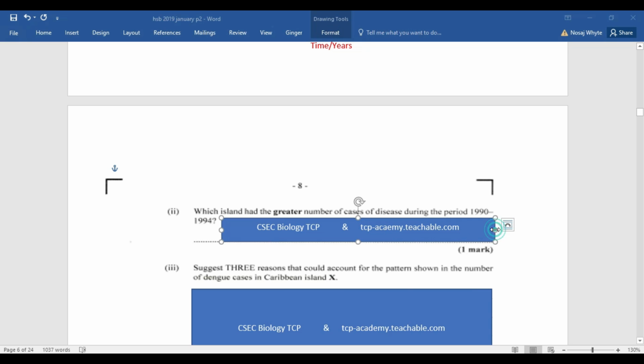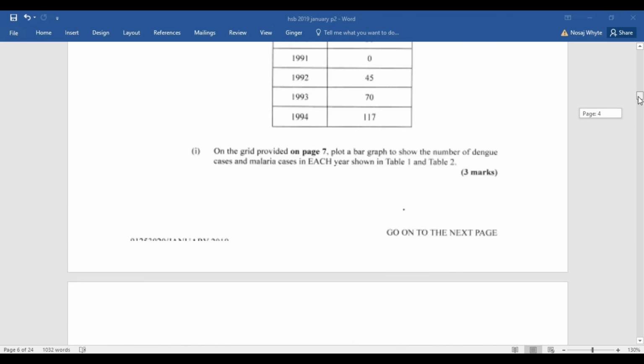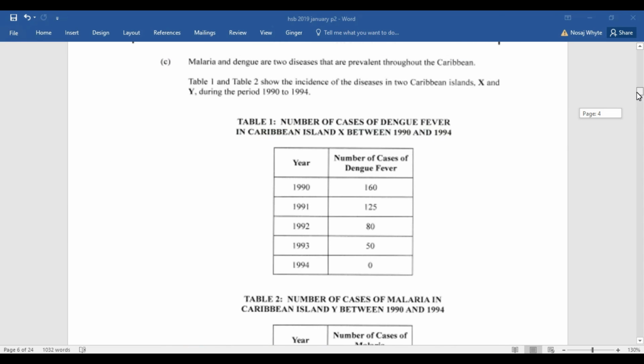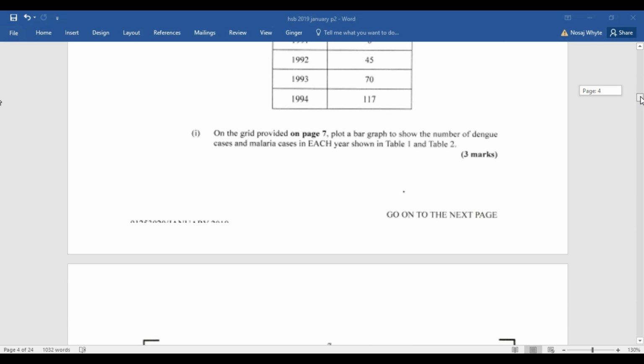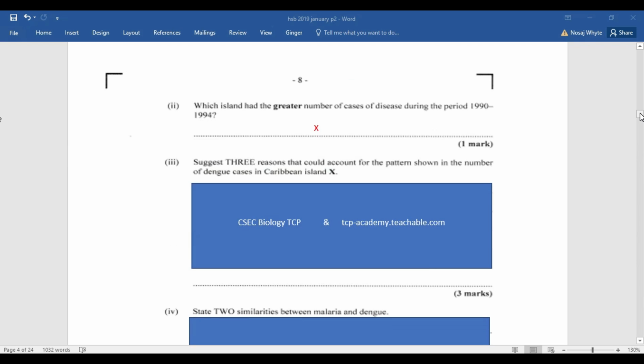Of course, our answer is going to be island X. Let's get back to the table: number of cases of dengue fever in Caribbean island X. So if you add that up, of course you realize that island X had a greater number of dengue. Now let us look at the other question.